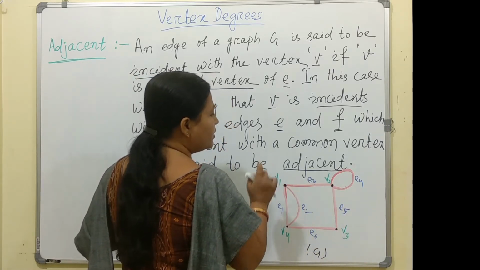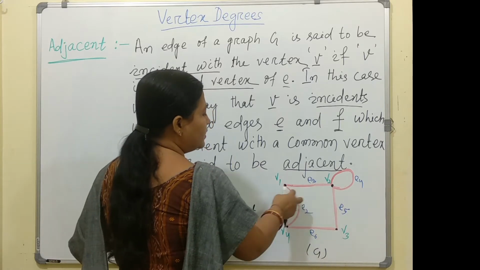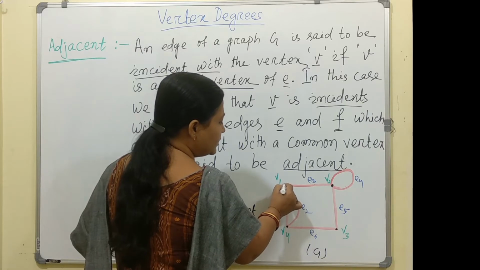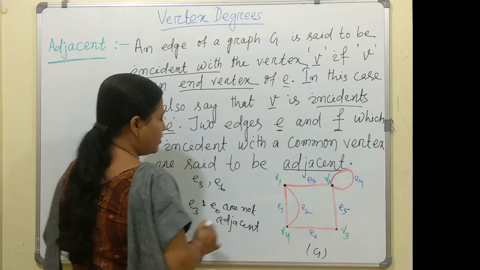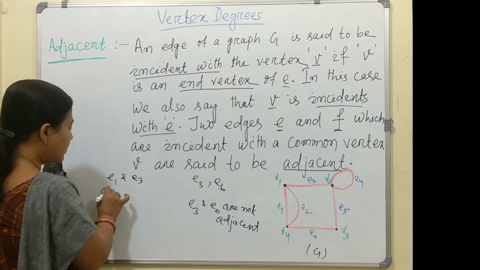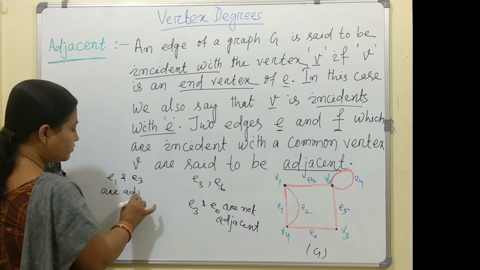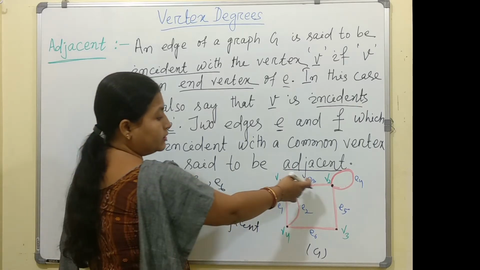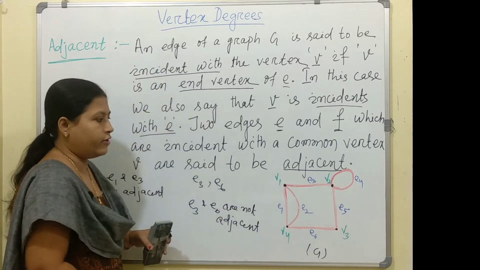E1 and E3 are adjacent because they have a common vertex. They are incident with a common vertex V1.